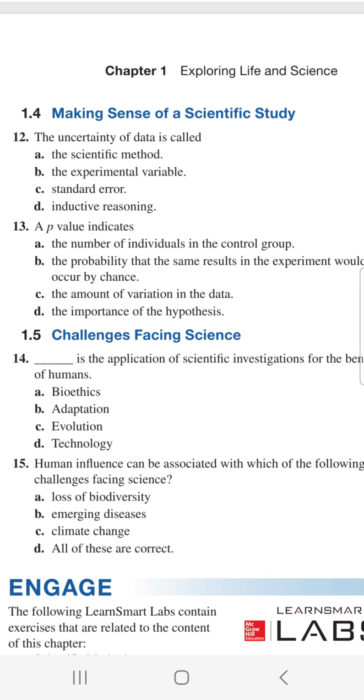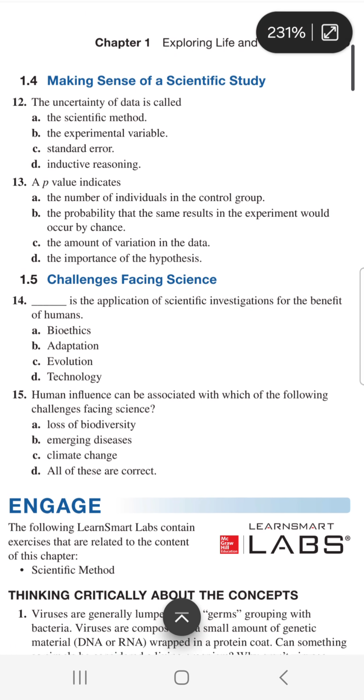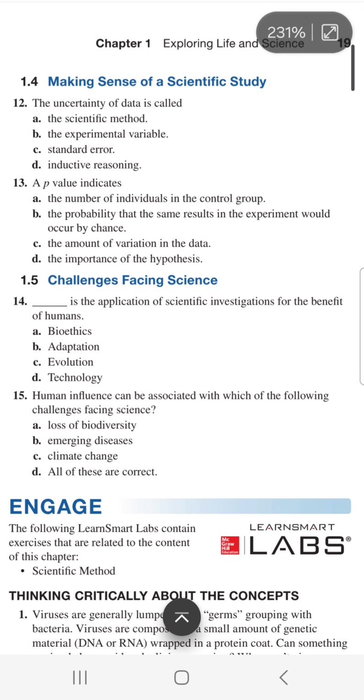Question number 14. Dash is the application of scientific investigations for the benefit of humans. So the application of scientific investigations for the benefit of humans will be technology, because bioethics is basically discussing whether it is ethical, whether the benefits outweigh the dangers.